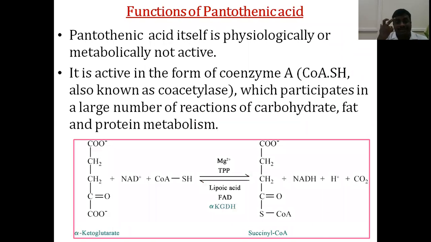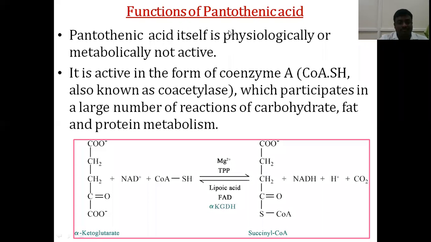Functions of pantothenic acid. Pantothenic acid directly does not have any function. Whenever it is inserted into coenzyme A, then that coenzyme A participates in different reactions.